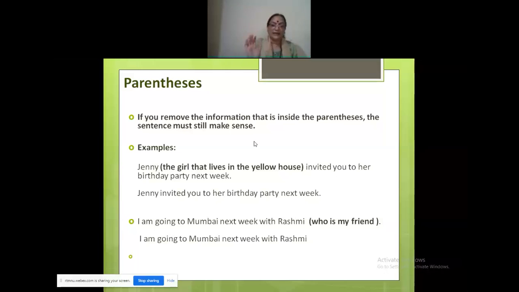So be very careful about what is the integral part of the sentence and what is the extra information you are including. Extra information can be separated, but not the essential information.